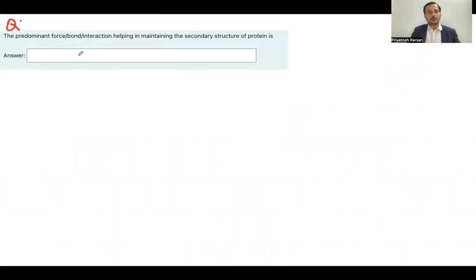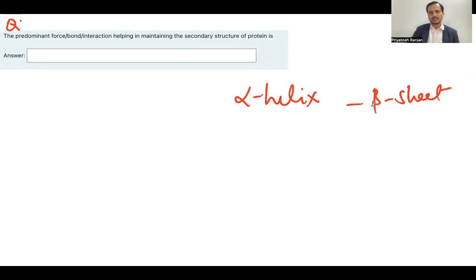question is, the predominant force or the bond or the interaction helping in maintaining the secondary structure of protein is, a very simple question. So the secondary structure of the protein, if you see the major conformations of the secondary structure of the protein, I'm talking about alpha helix and beta sheet. Remember, in case of the alpha helix, the hydrogen bonds are intramolecular. In case of the beta sheet, you are going to see beta strands.